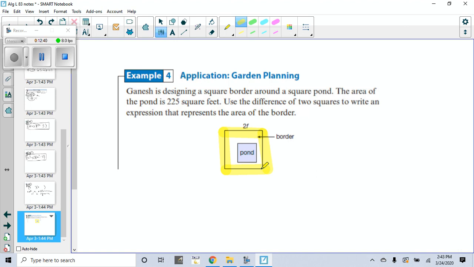The area of the pond, that's this part, is 225. Use the difference of two squares to write an expression that's representative of the border.